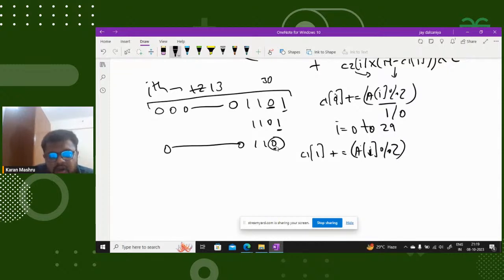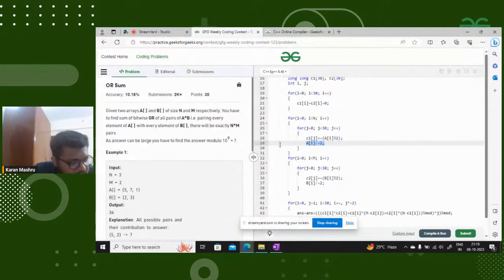Since this is 0, the 1st bit is 0. So its contribution would be 0. Did you understand this? How it is calculating, how it is contributing to the ith bit? Does anyone have any doubt?